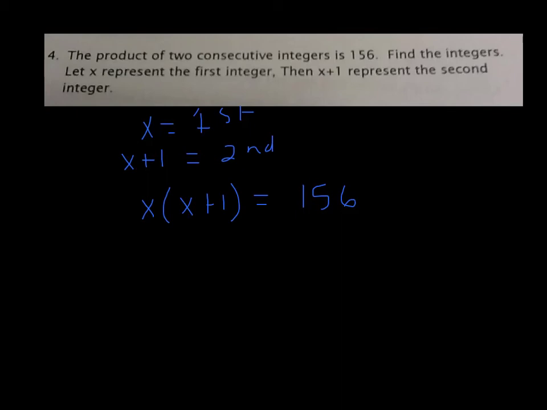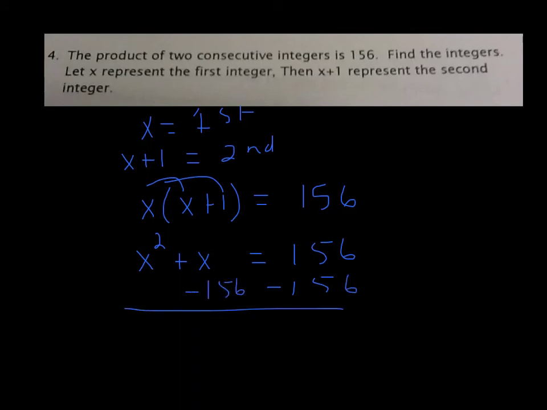Now let's distribute. So we get x squared plus x is equal to 156. Let's bring it over so we can start to solve. So you get x squared plus x minus 156 is equal to 0.